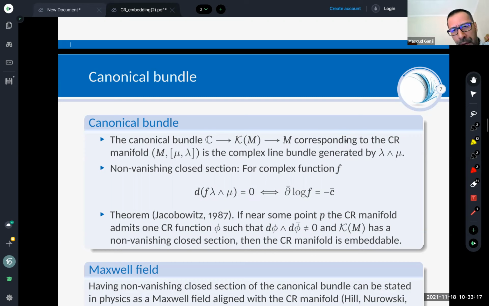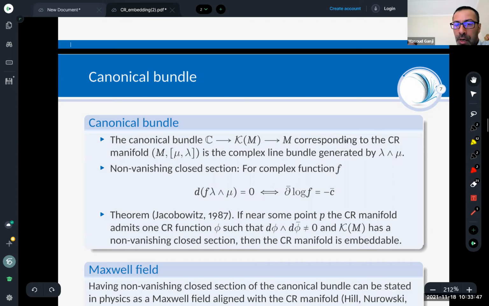So now one theorem which was very important and helpful in my PhD thesis was Jacobowitz's theorem. It says, as I said, the problem is local. Around some point of the CR manifold M, if you have a CR function phi which satisfies this condition, and also this equation, this PDE has a solution, then the CR manifold is embeddable.